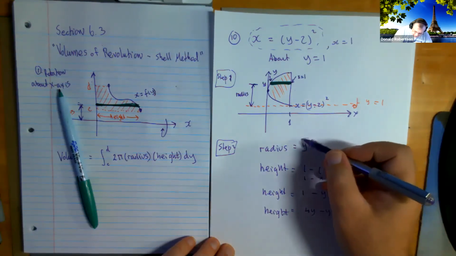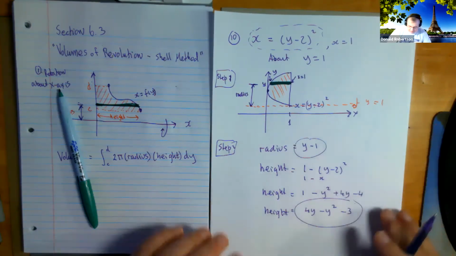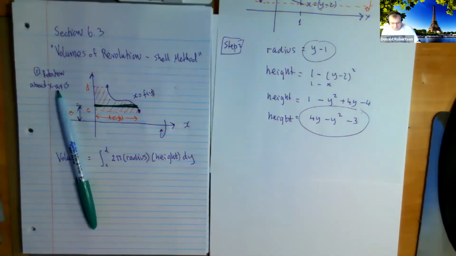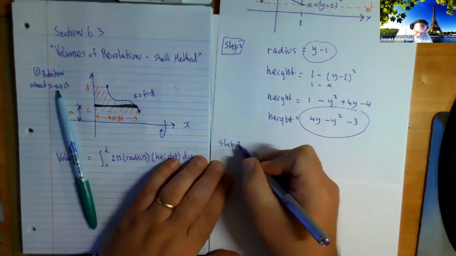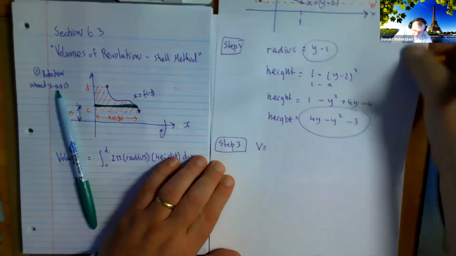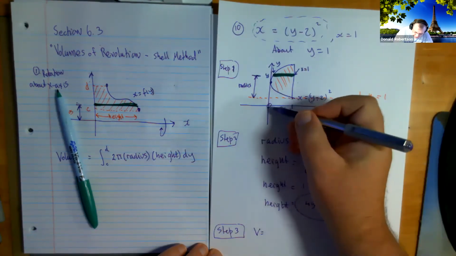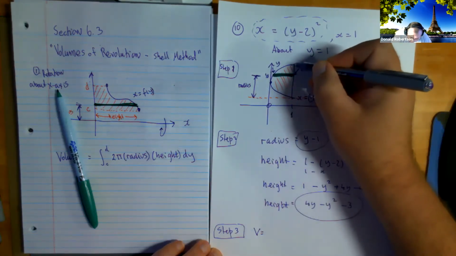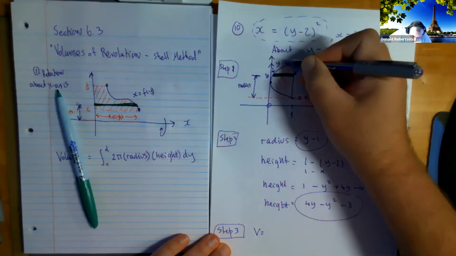So I have a radius of this guy, and I have a height of this guy. So that's step 2 done. The final step is putting all the pieces together. So the volume is going to be, there's a number I have not found, which I just realized I'm going to need.